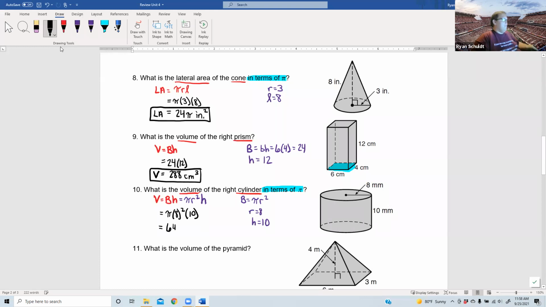This would be 640 millimeters cubed. Oh, I'm forgetting my pi. Hang on. I would have gotten that wrong. 640 pi millimeters cubed. There we go. Don't forget your pi, like I just did. It won't be pretty.